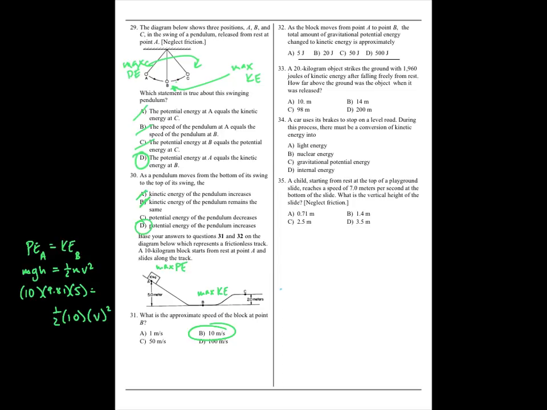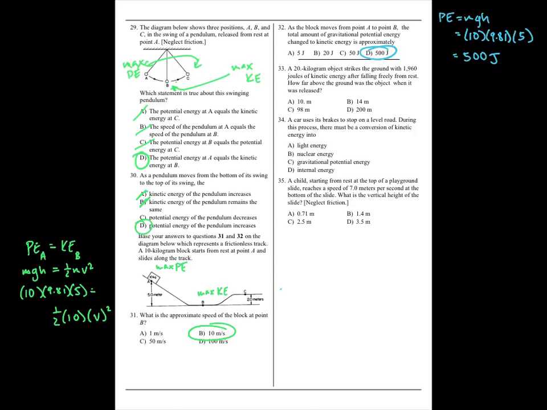So we could find PE equals mgh to solve this, because all that potential energy at A equals kinetic energy at B. Okay, and that's approximately 500 joules.